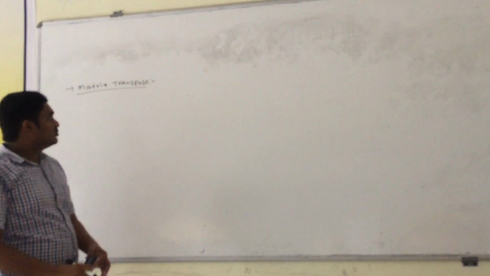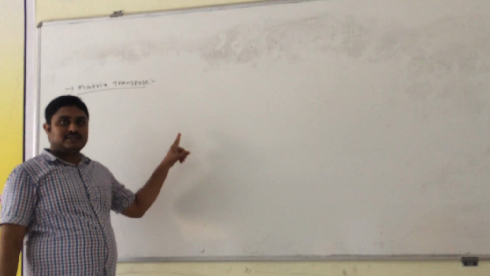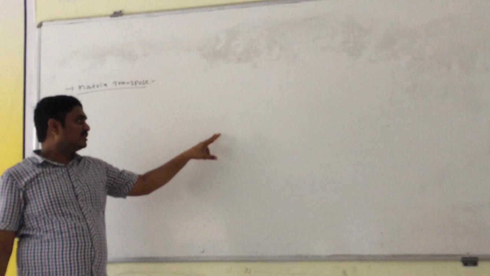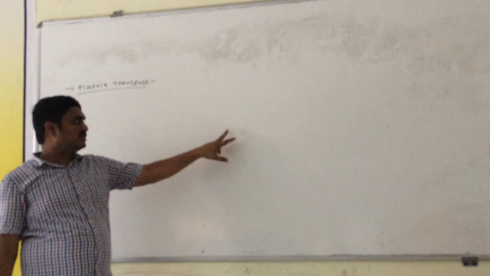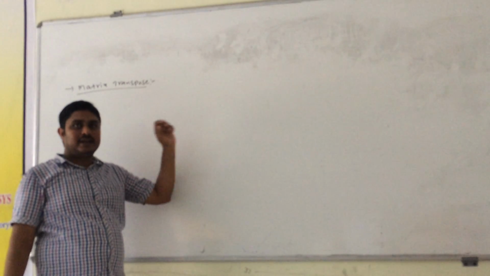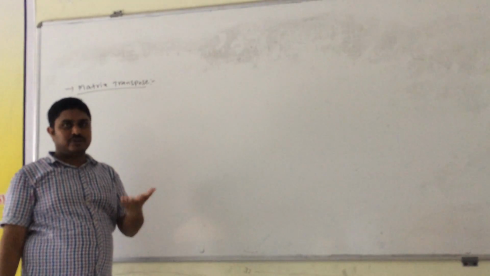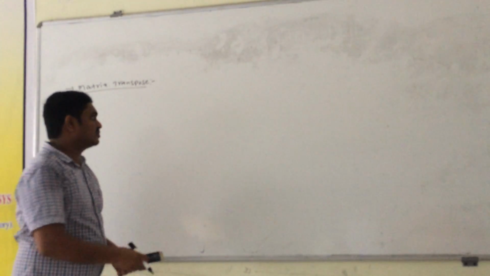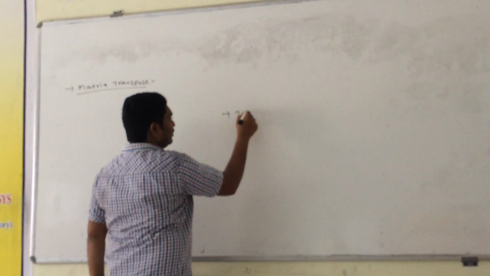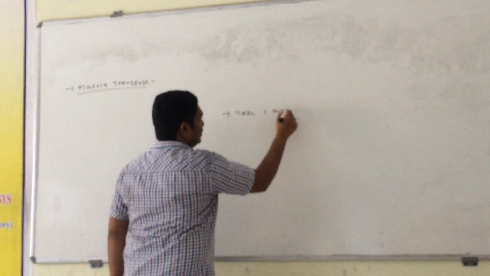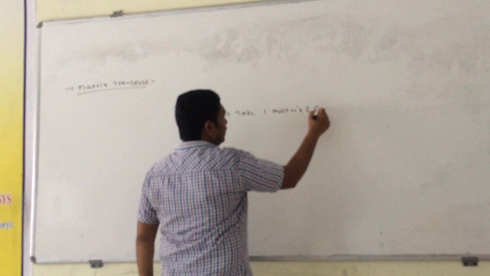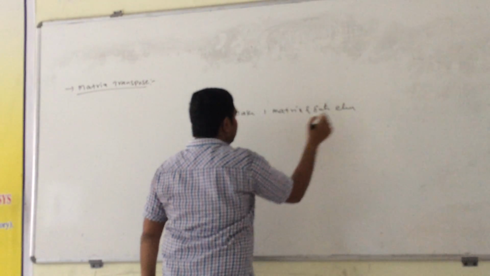For the matrix transpose, we use two matrices. The first one is the matrix A, and the second one is the resultant. That means we transpose the elements into that matrix, and after that we print the values. Only 3 steps. First, take one matrix and enter elements.